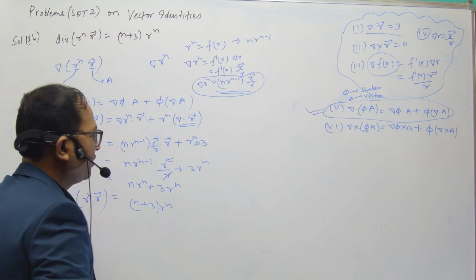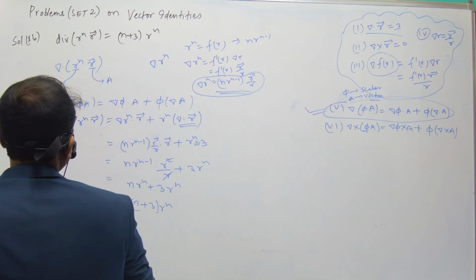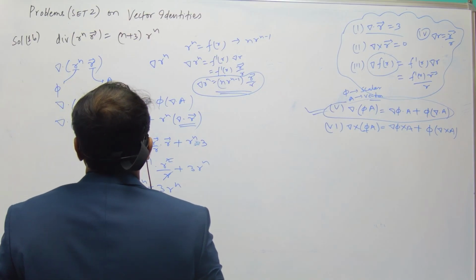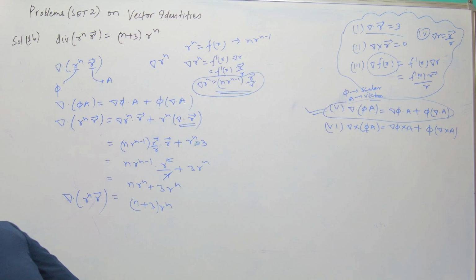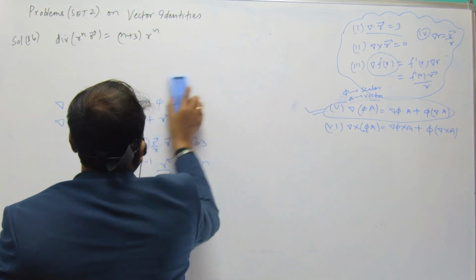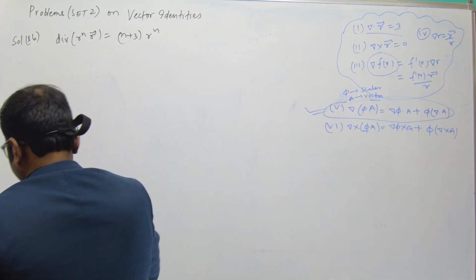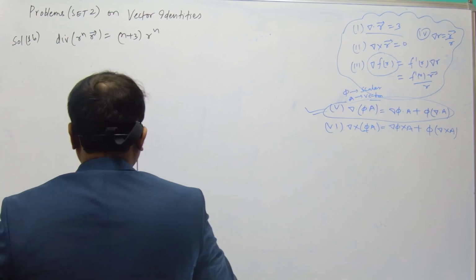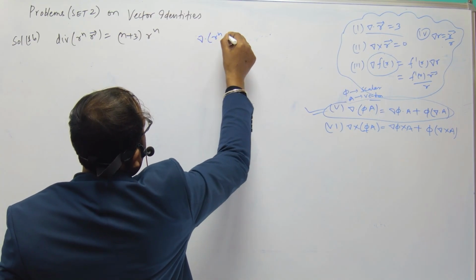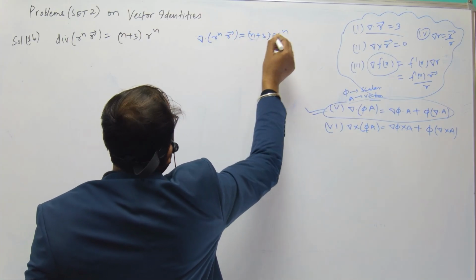Okay, now let us discuss question number 17. We have the divergence of r^n r vector as (n+3) times r^n. We will use this result. So we have del dot r^n r vector, the divergence of r^n r vector, is (n+3) r^n.